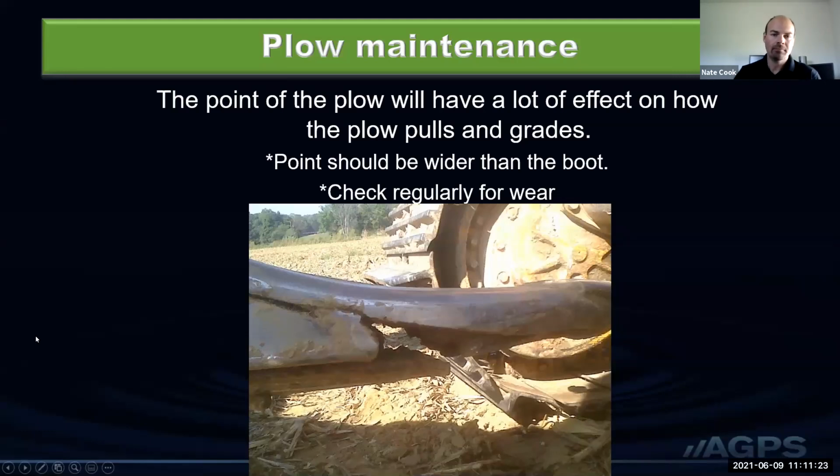Next slide is a picture about the point of the plow. There was good discussion earlier about how to properly have the right shape at the bottom underneath the pipe as the plow is going through, but the point of the plow is also an important part of how it's going to grade through the ground.